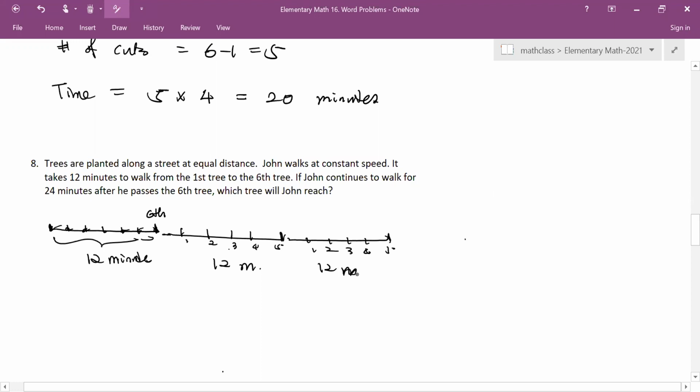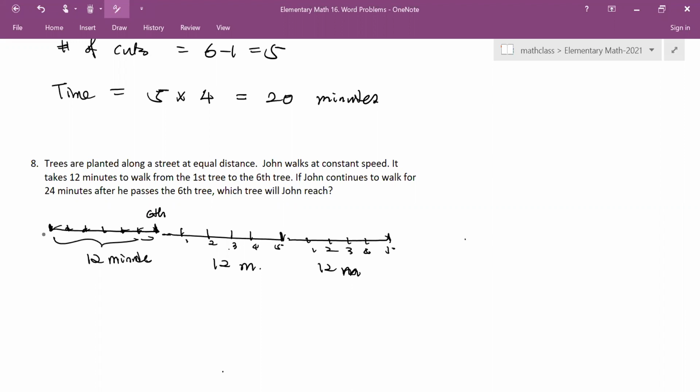Do you agree? Forget this. We don't count the first one. 12 minutes, he passes 5 trees. So you have 12 minutes, 12 minutes, 12 minutes total, right?